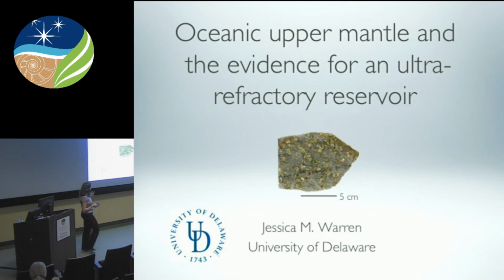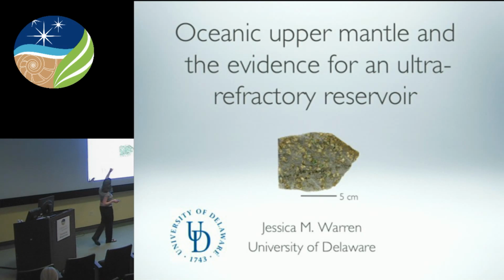And today I will talk to you a lot about the compositions of these peridotites and ways in which we are trying to use these samples that are on the seafloor that have undergone melting at the ridge but represent the convecting upper mantle, ways in which we backtrack out what processes these peridotites have undergone, what they tell us about the composition of the mantle, of that kind of great unknowable, of everything that's down there below the crust, and the ways in which rocks like these can really contribute to how we understand the upper mantle.